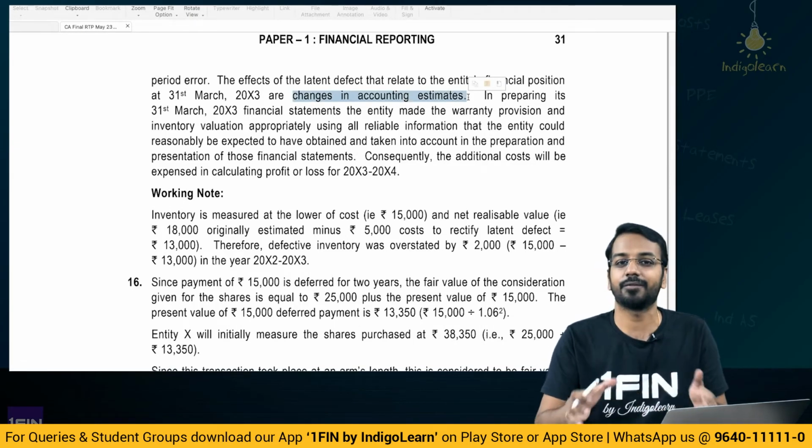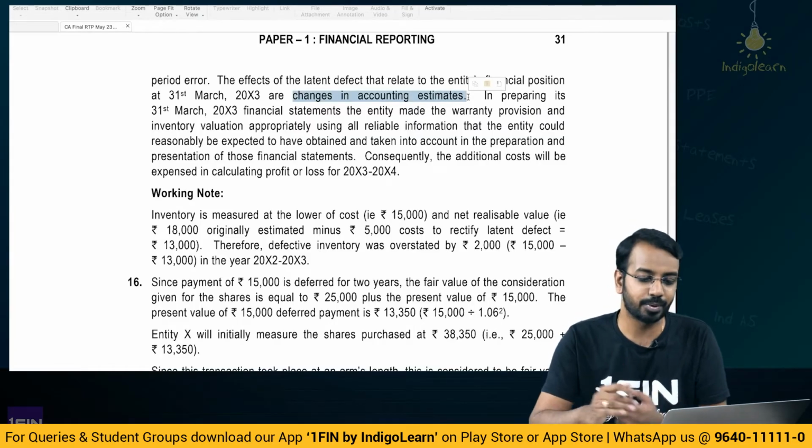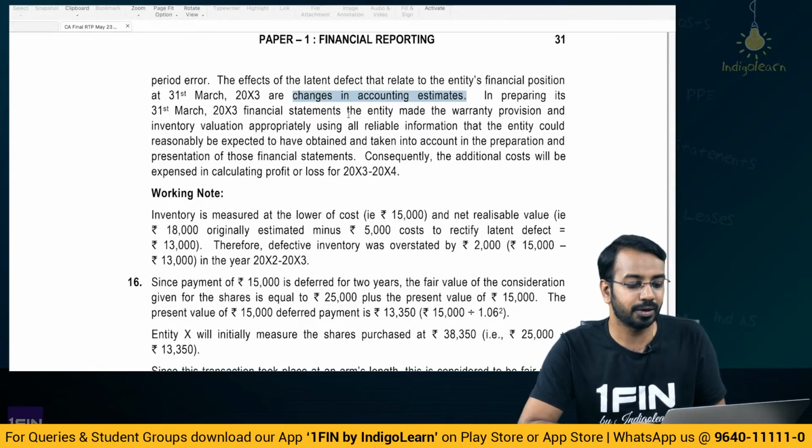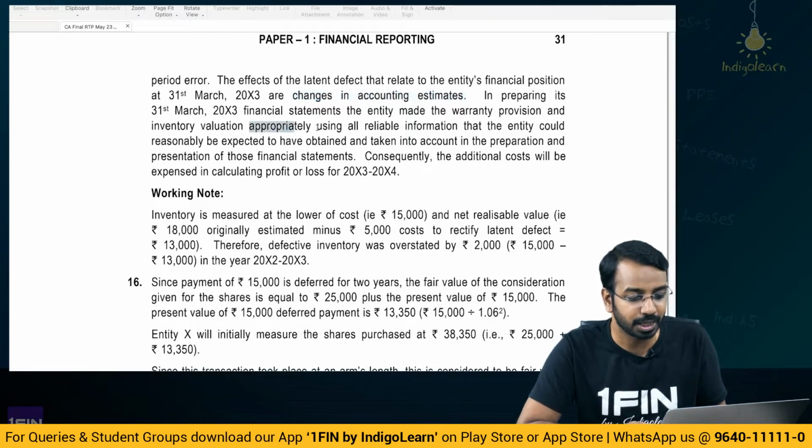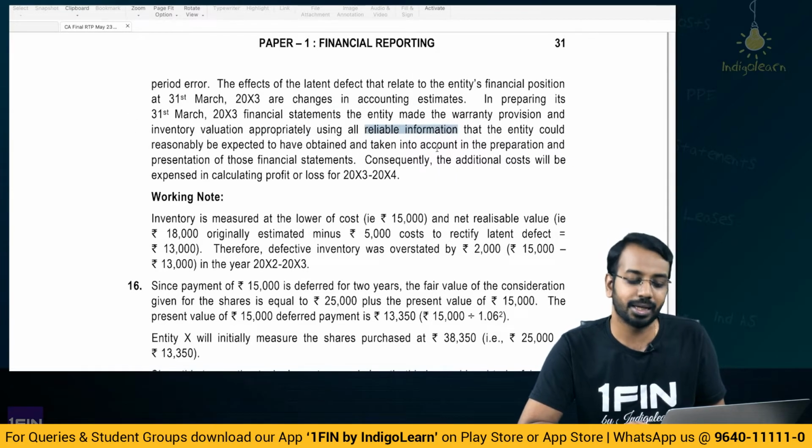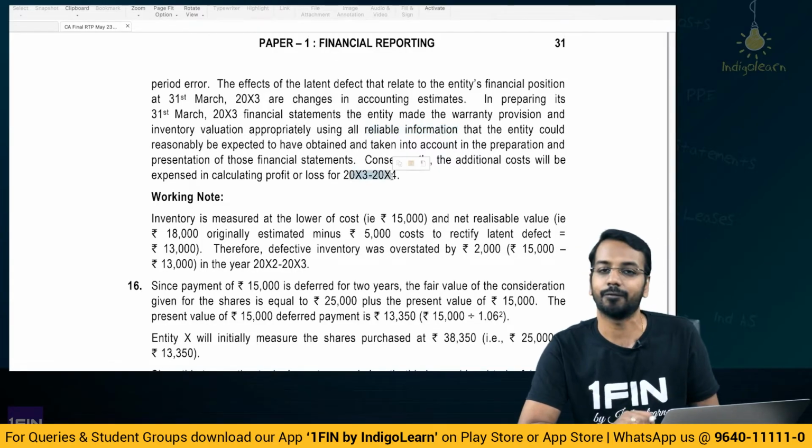You have taken all the information that is available on the date of financial statement, and you have prepared it. In preparing its year 3 financial statement, the entity made the warranty provision and inventory valuation appropriately, using all reliable information that the entity could reasonably be expected to have obtained and taken into account. Consequently, the additional cost will be expensed in calculating profit or loss for year 3, year 4.